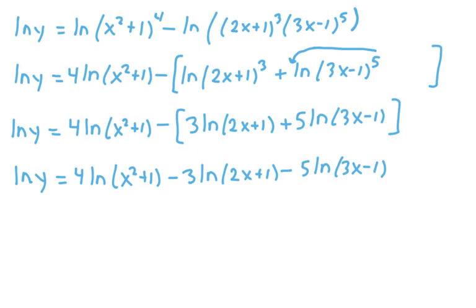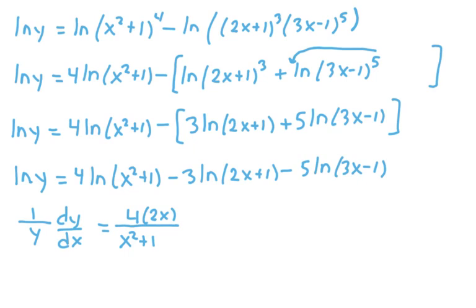Okay, from here, we can differentiate very nicely. So we get 1 over y dy dx. We're differentiating both sides with respect to x. That's the left side. On the right side, we get 4 over (x squared plus 1) multiplied by 2x for the first term.